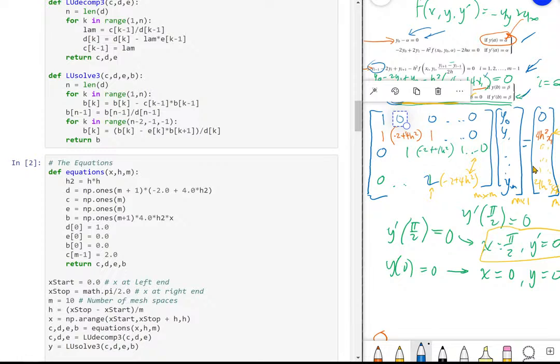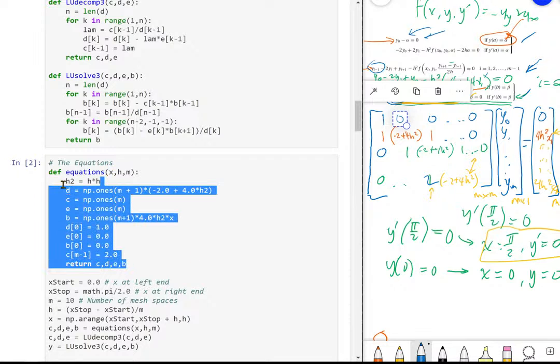If you notice, you have the X and then 4H squared. But the only difference is that the first term is 0, which is correct, no? Here, 0. So this equation will be used in the LU decomposition.